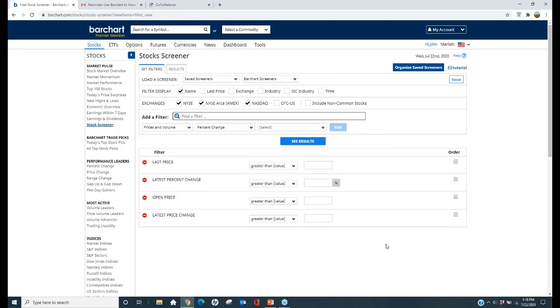Now notice that my last percentage price change does give me an opportunity to change the data here. I could look for greater than, less than, a between value, or a field of values.